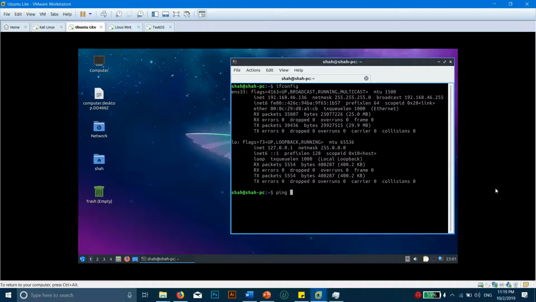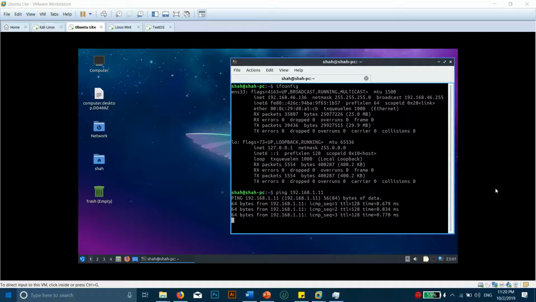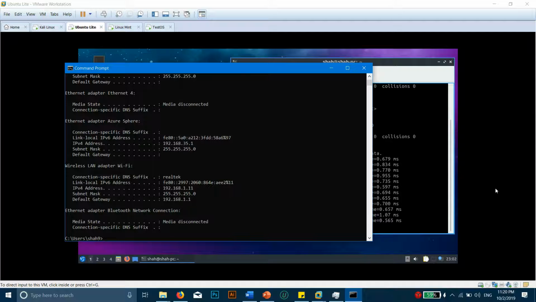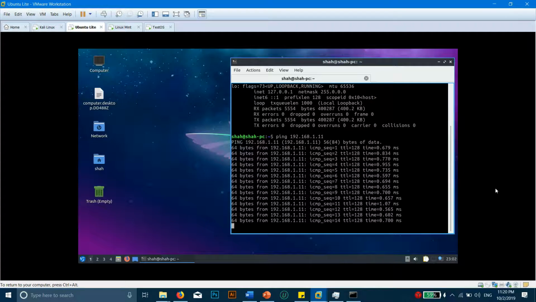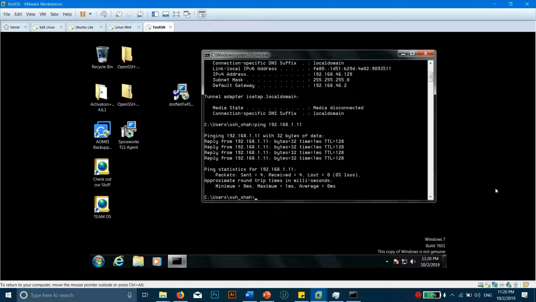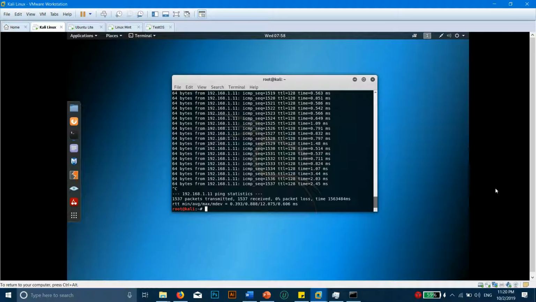Okay, let's try to ping it. So this is the IP for this network, 1.11. Okay, Linux Mint, yes, it's the same, and always the same for the Kali Linux.